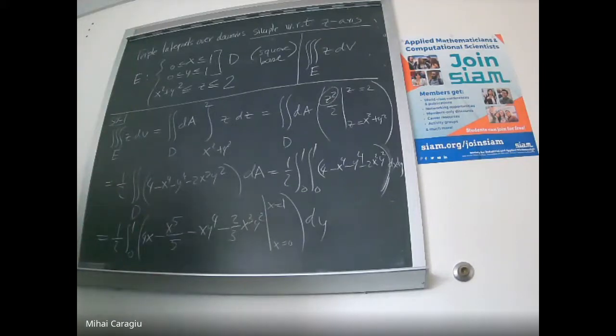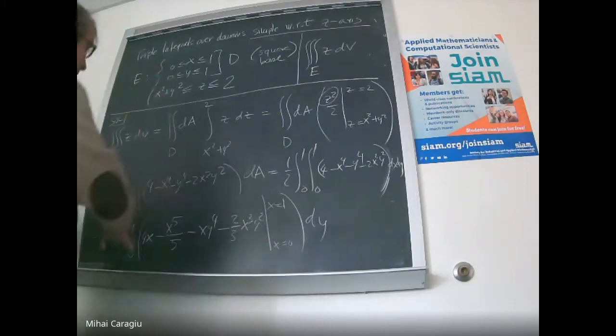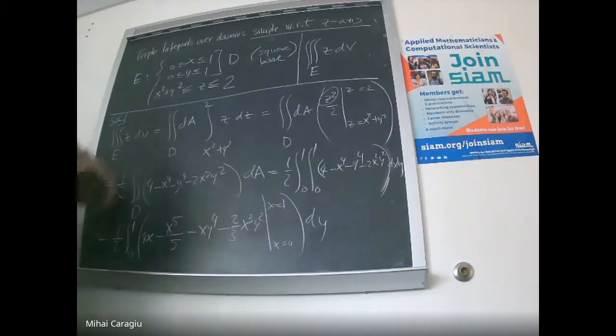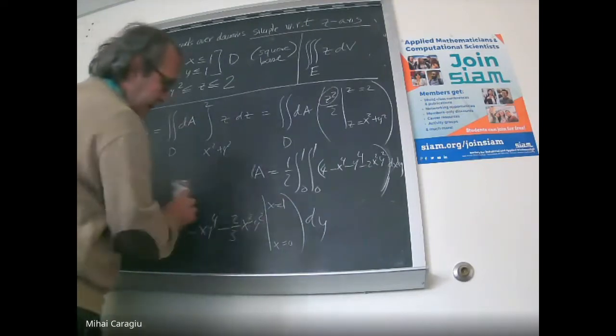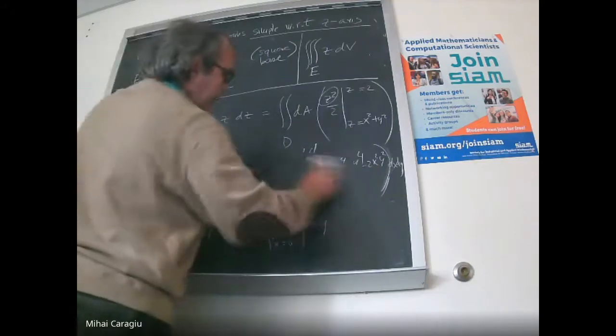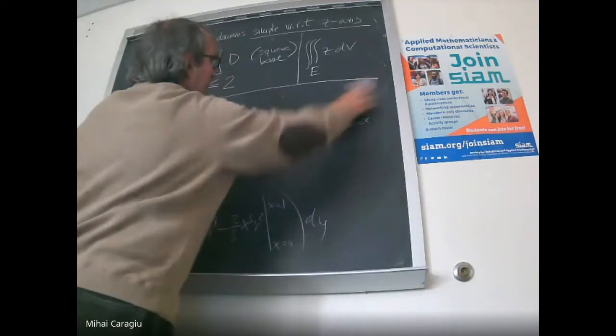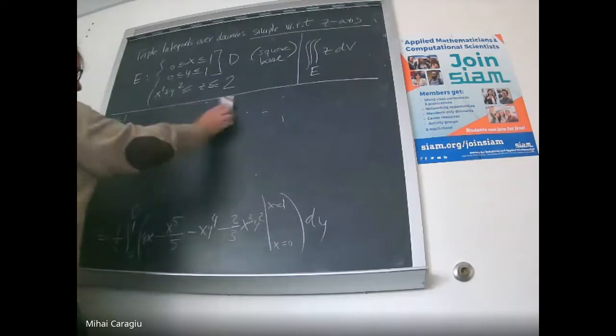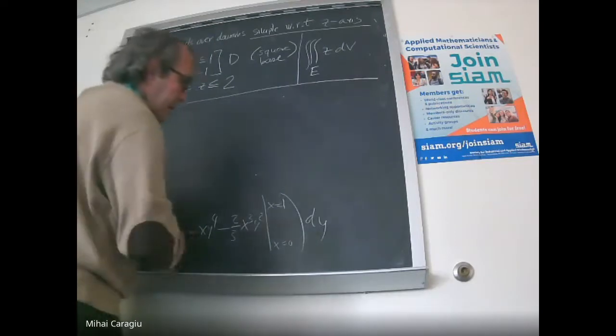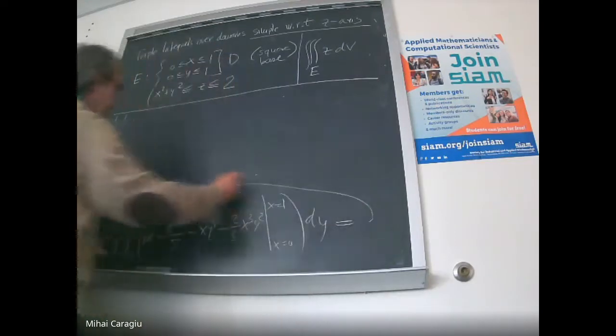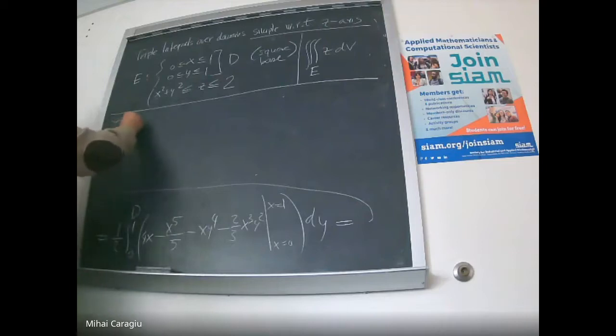Okay, kind of running out of space here, so let me erase some previous work. Let's start from here. This equals 1 over 2 integrate from 0 to 1 of what?